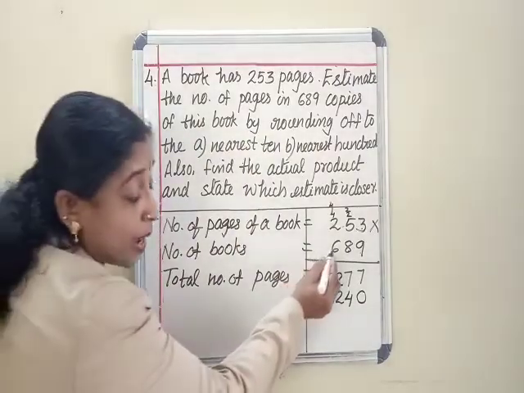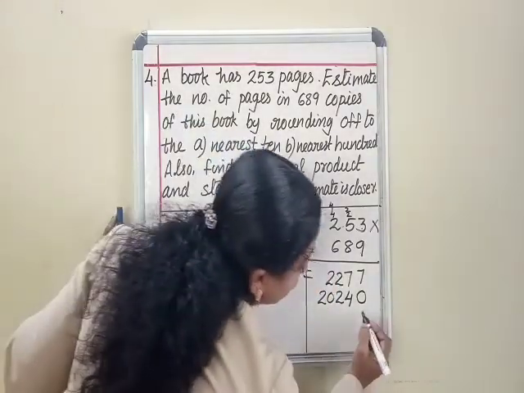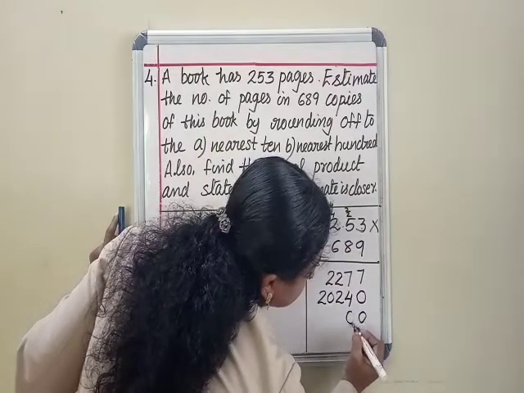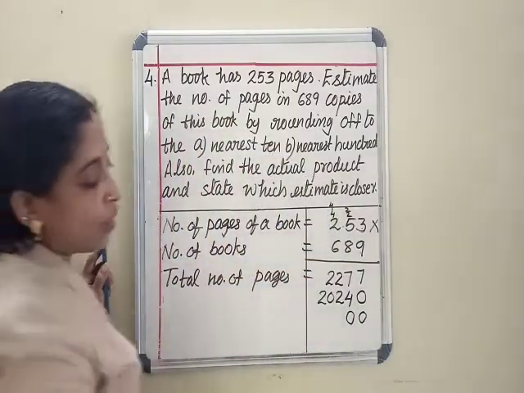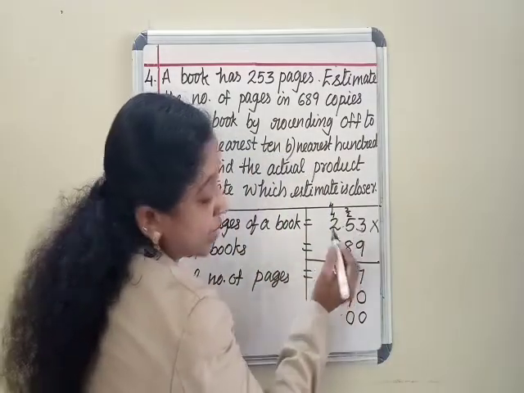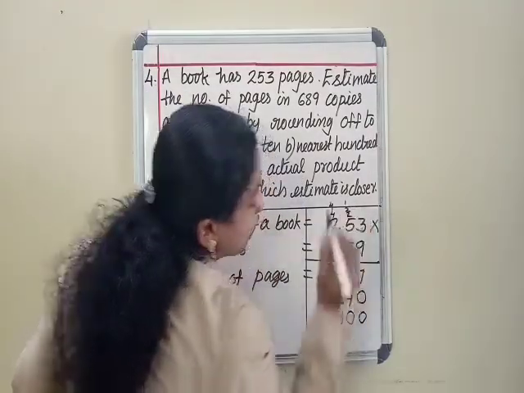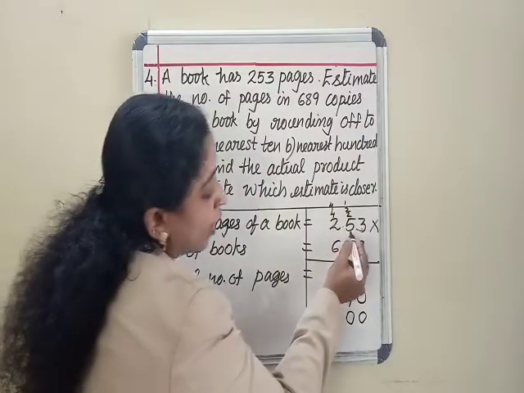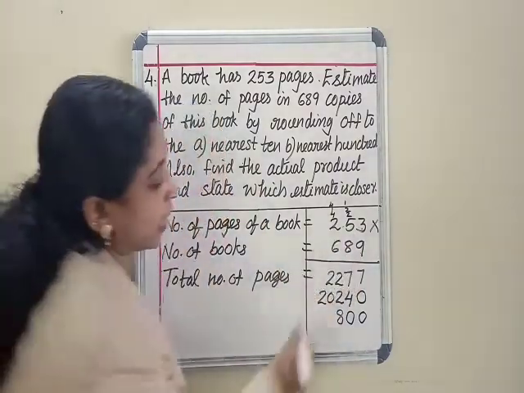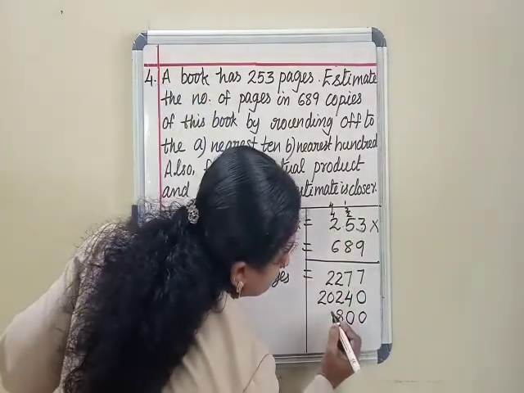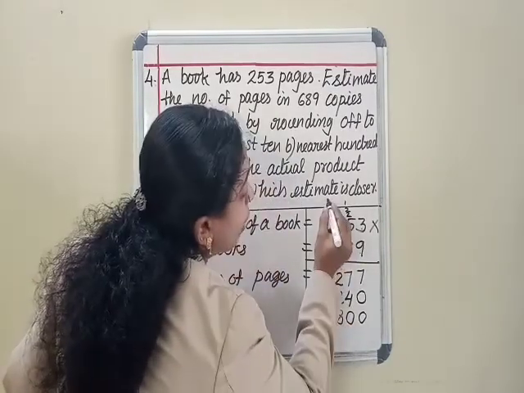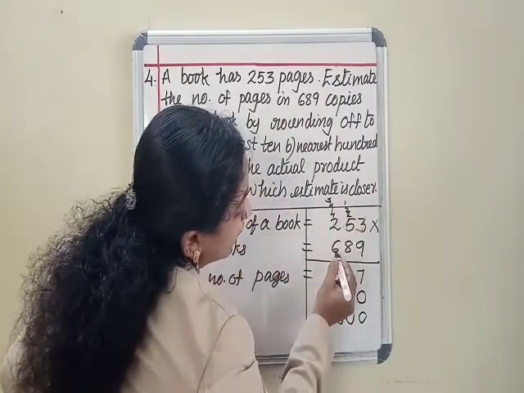Before multiplying by 100 place number, we have to put 1 0 in ones place and tens place. Now we can multiply. 3 into 6, 18. Above tens place we can write 1. 5 into 6, 30. 30 plus 1, 31. Above 100 place 3.